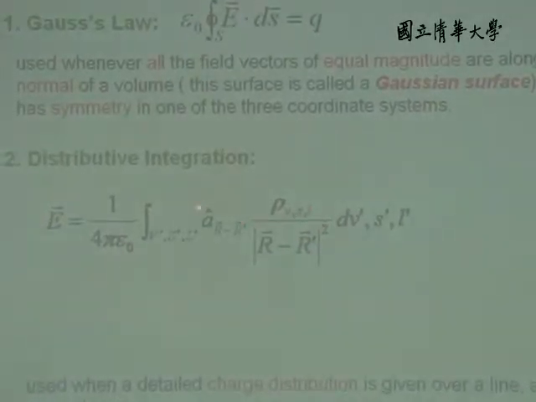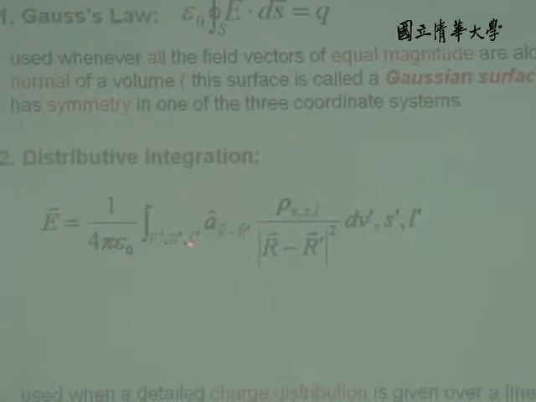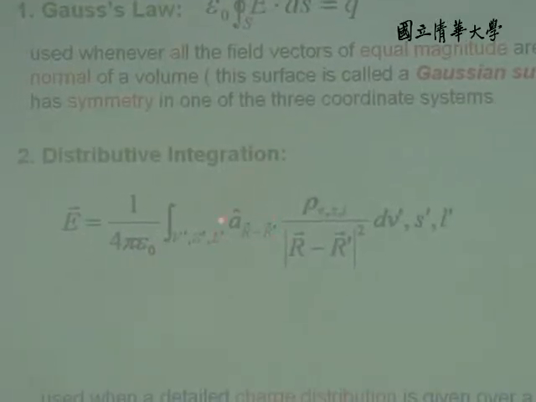Okay, and also for electric field, you have to take care of the vector, the direction of the electric field.